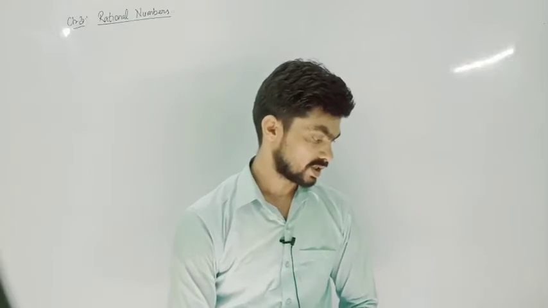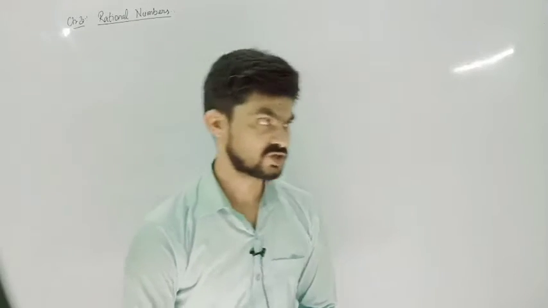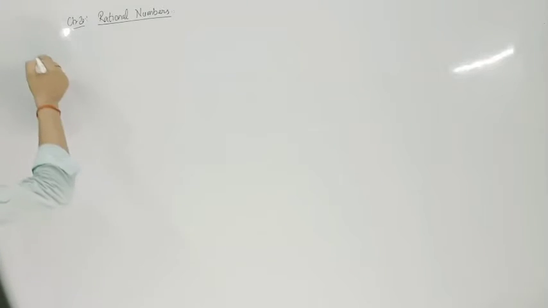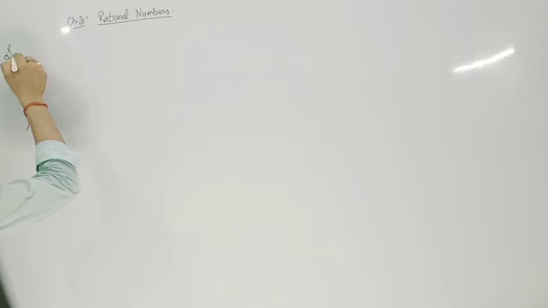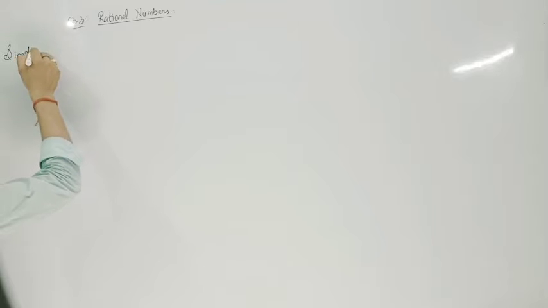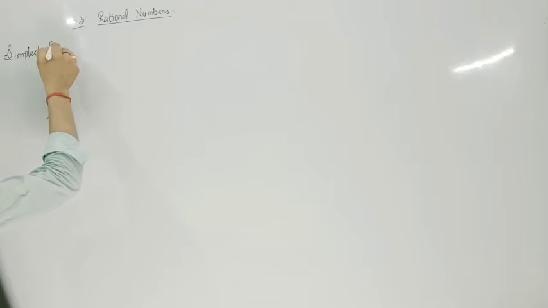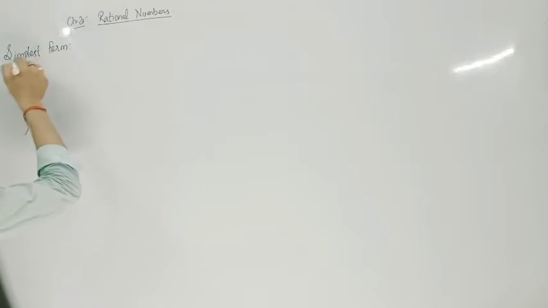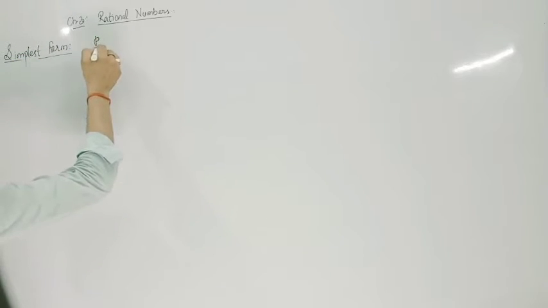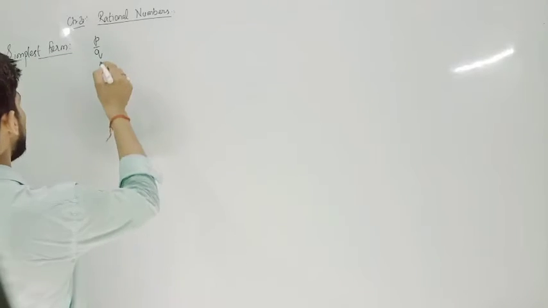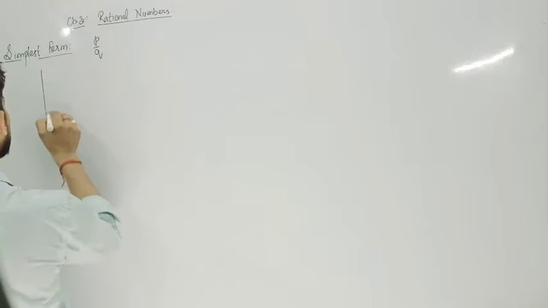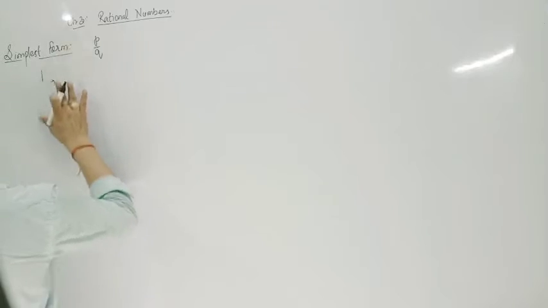Next, we have to see today the simplest form of a rational number. So, my dear children, the simplest form of a rational number goes like this. Suppose you are given any rational number p by q. Its simplest form can be obtained by following two conditions. Which are they?